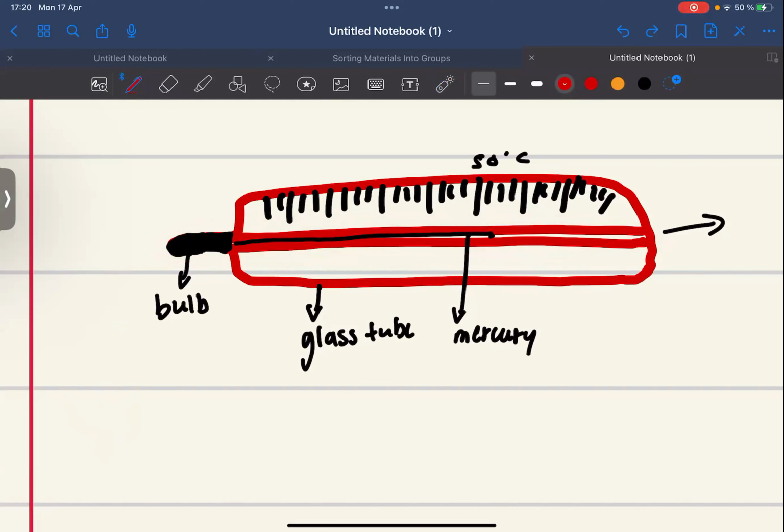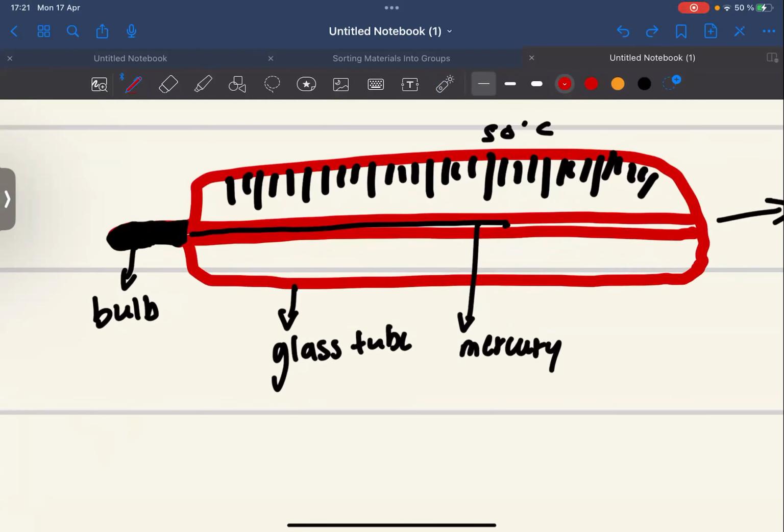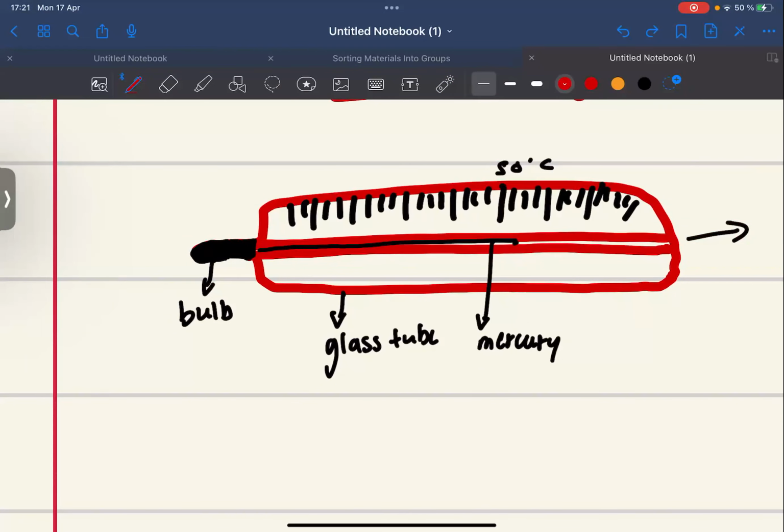Outside the bulb there's a shiny thread of mercury. You can see the dark red I've drawn; this dark red is the shiny thread of mercury. The black one is the mercury inside the bulb. This is the shiny thread of mercury outside the bulb.